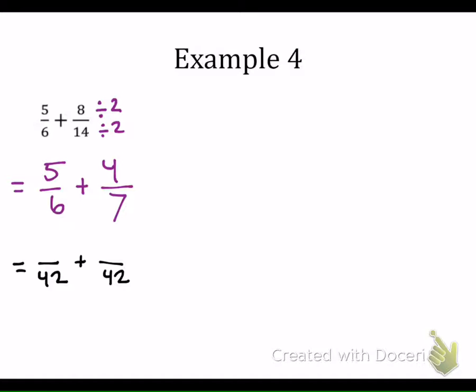So how do I turn a 6 into a 42? Well, I multiply it by 7. All right, so that gives me a 35/42. And how do I turn a 7 into a 42? Well, I multiply by 6. Okay, so that's going to give me a 24.